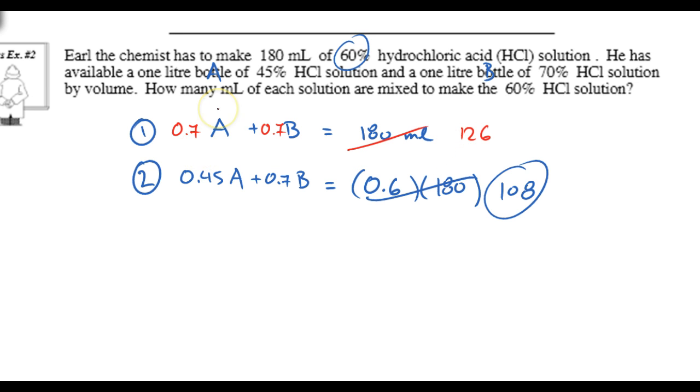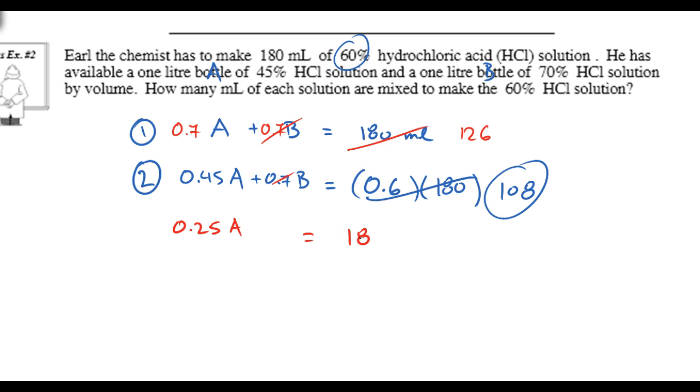So 0.7 minus 0.45 is going to be 0.25A. The B's cancel, and I get 126 minus 108, which is 18.